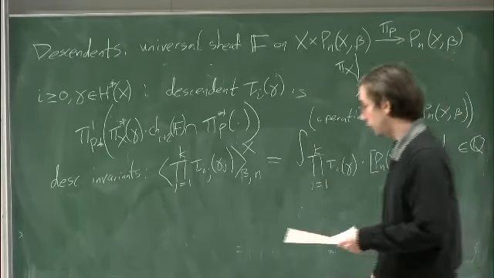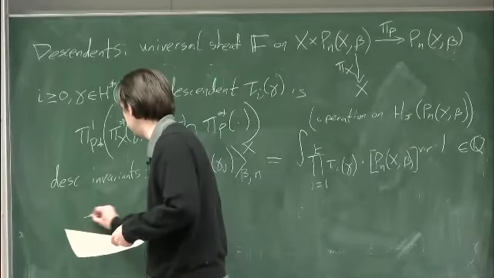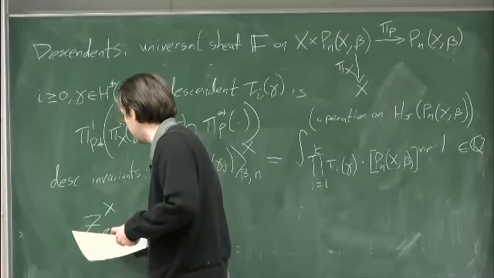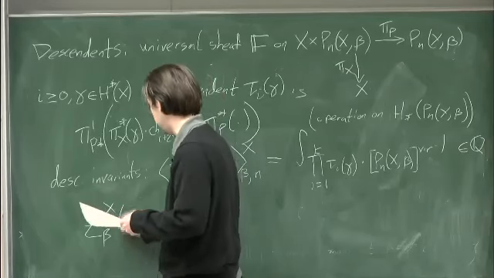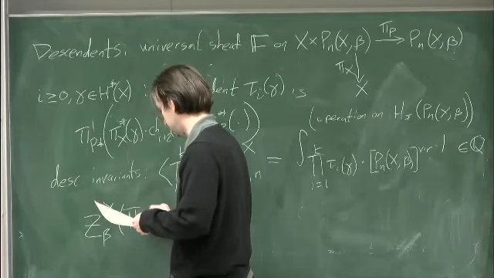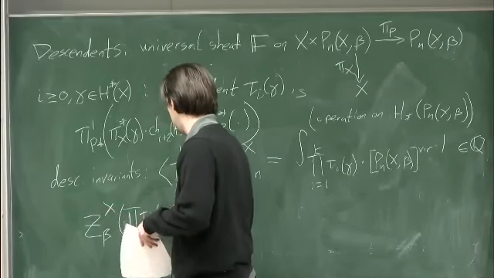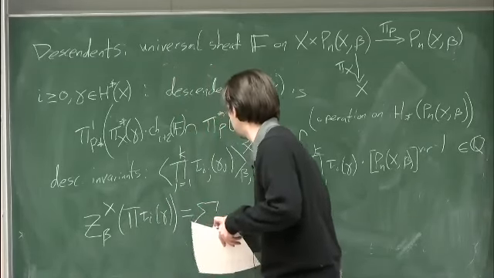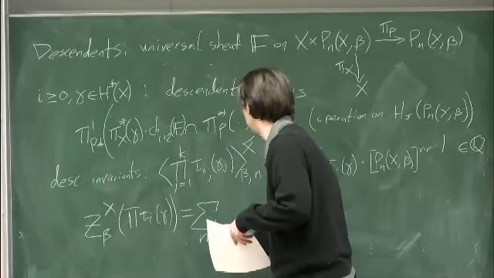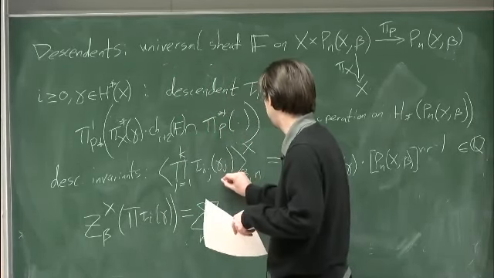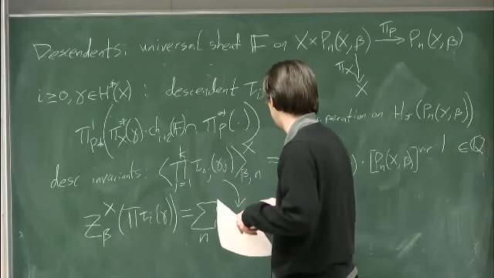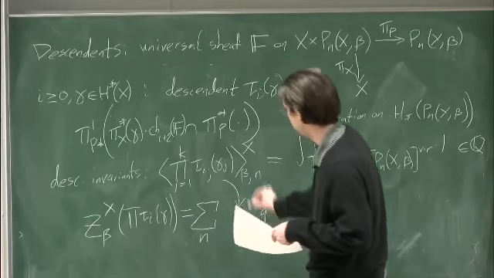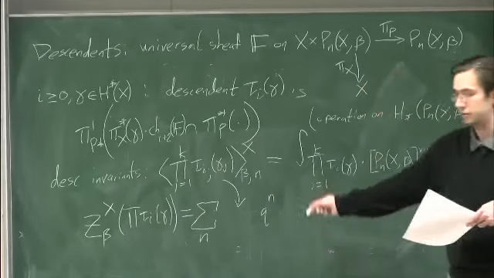So we sum over n to get the partition function of threefold X, curve class beta, for this descendant insertion. Just sum these descendant invariants with respect to n.